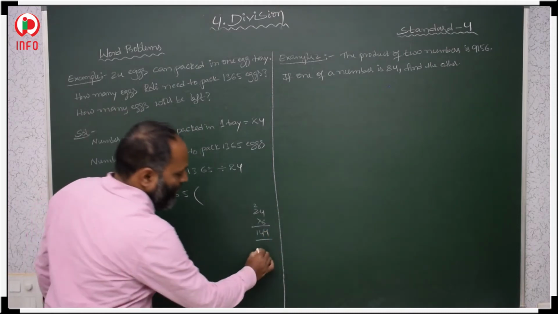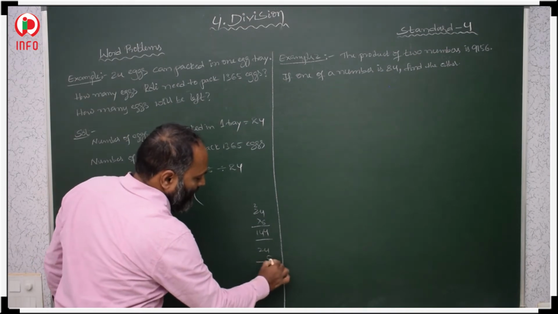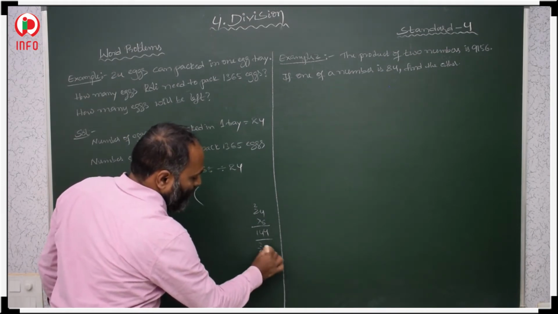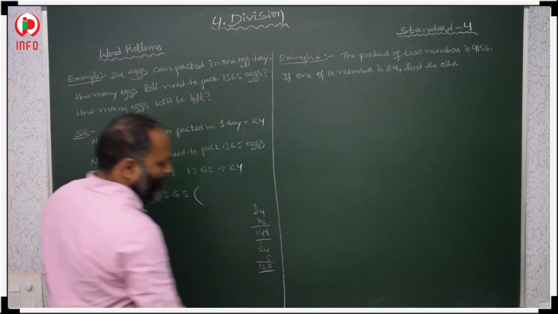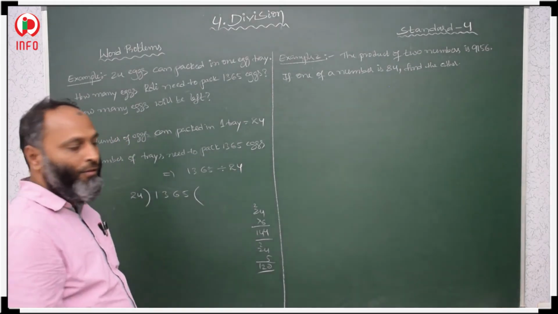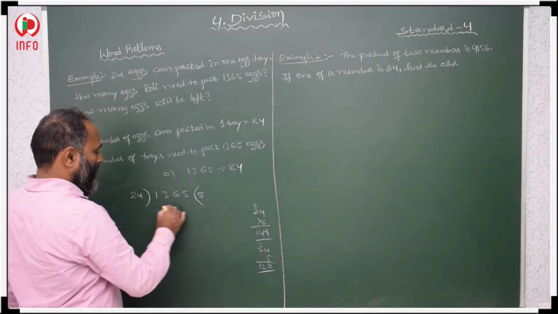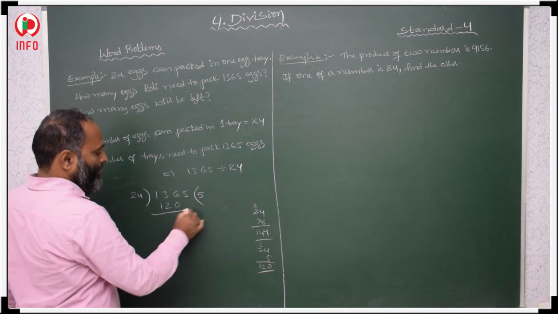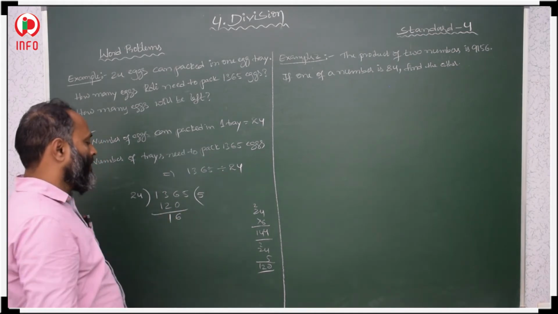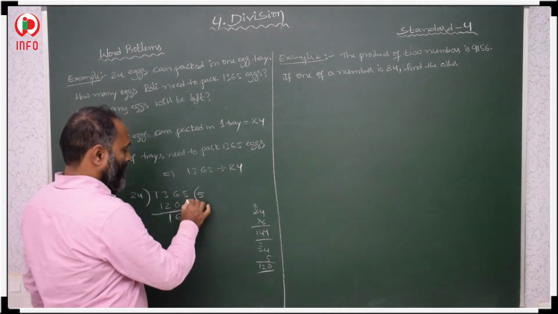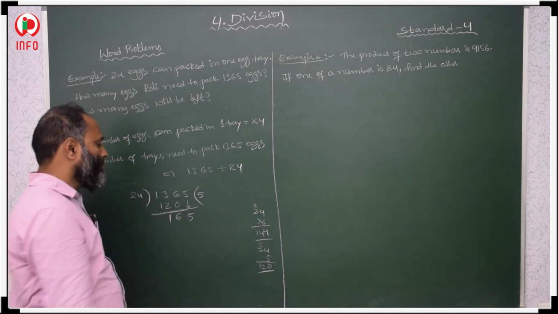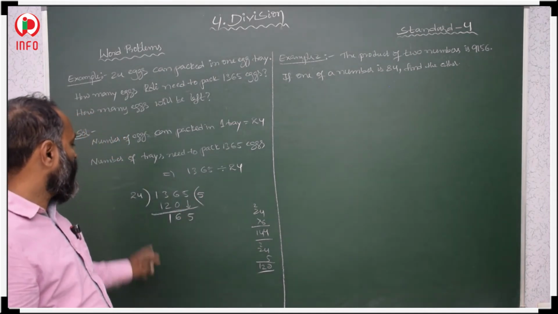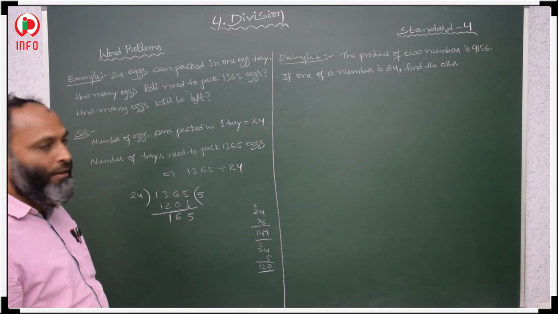It is more. 24 fives are 120. 24 fives are 120. Here 5 and here 16 left. Then after that you have to take 5. Now we have to check in the 24 table when we will get 165.